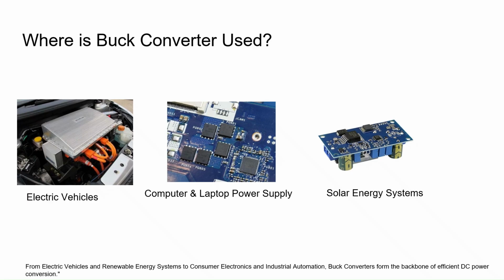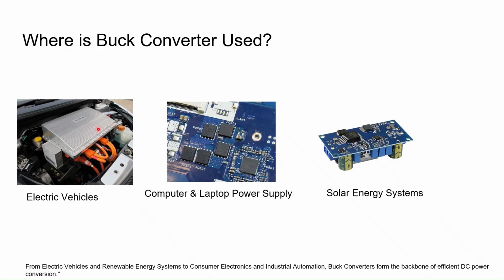Before going to the circuit, let's first understand where buck converters are actually used. These are a few examples of buck converter applications. It is widely used in electric vehicles, where high voltage battery systems must supply low voltage auxiliary loads.